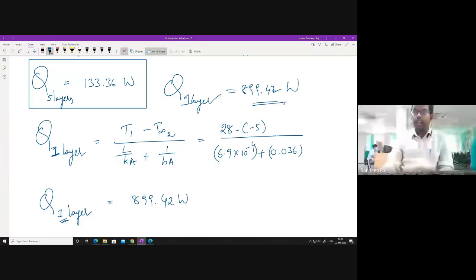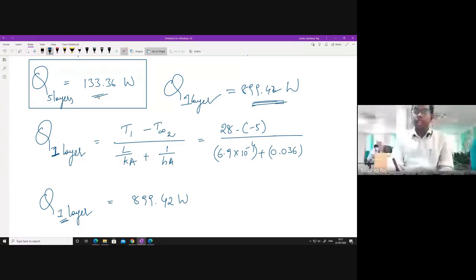If you are losing 1000 watts of heat to the atmosphere, it will be huge heat loss from your body. If that is the case, you are going to shiver like anything and you will be feeling a lot of discomfort because of this reason. But if you have so many layers of insulation, the heat transfer has reduced almost by 1/10 part.